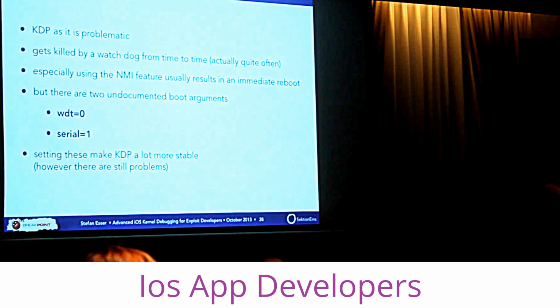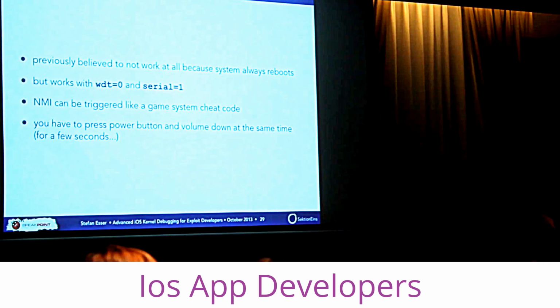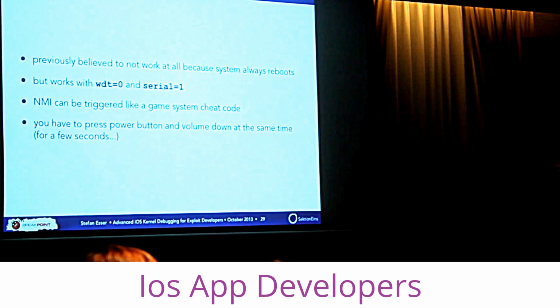Okay, so now we know how to make it more stable, and I can tell you how this NMI works. If you set one of these boot arguments, you can take your phone. This is an old one, but it doesn't matter. Then you can trigger the NMI, which is a lot like a game console cheat code.